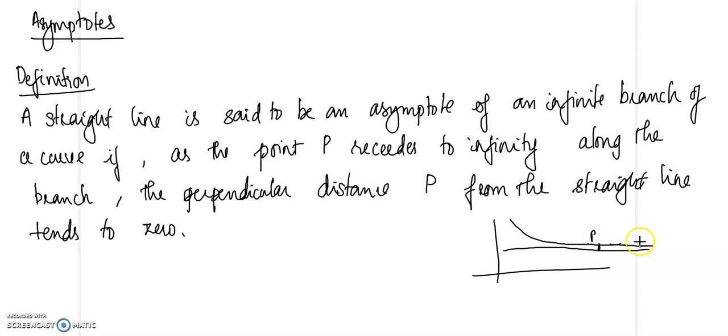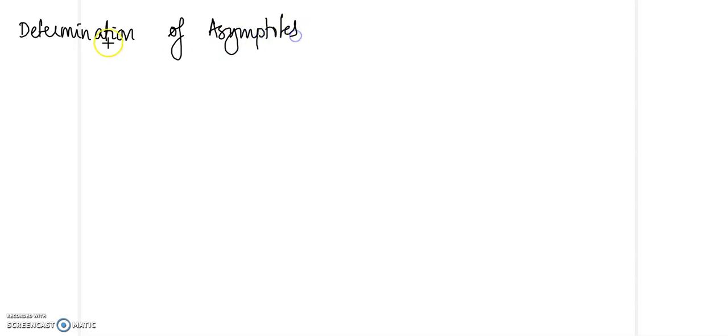So let us use this idea to find out the asymptote. So let us go on to determining the asymptote. Let us look at the equation of asymptotes which is not parallel to the x-axis.